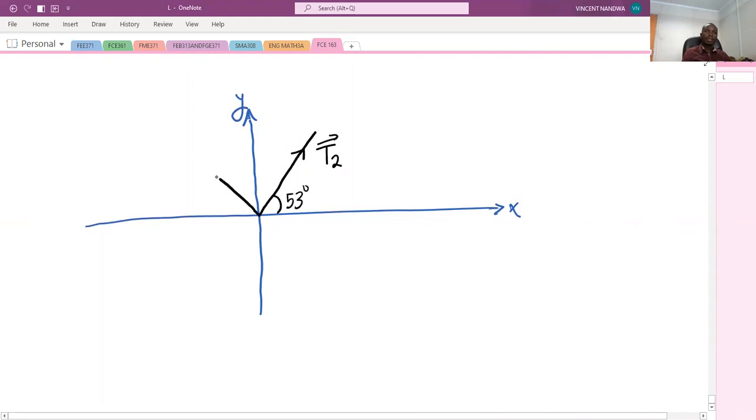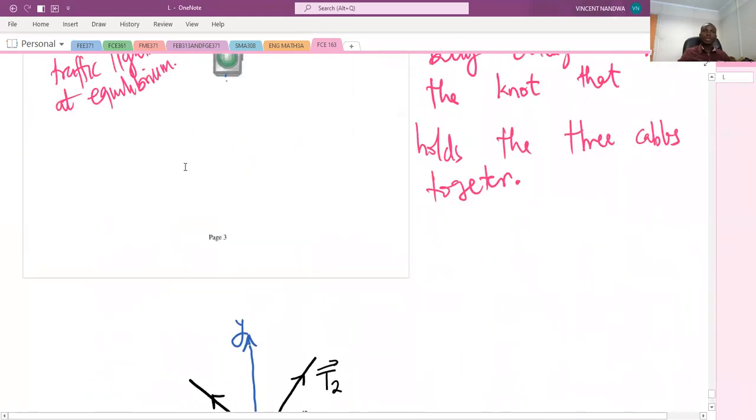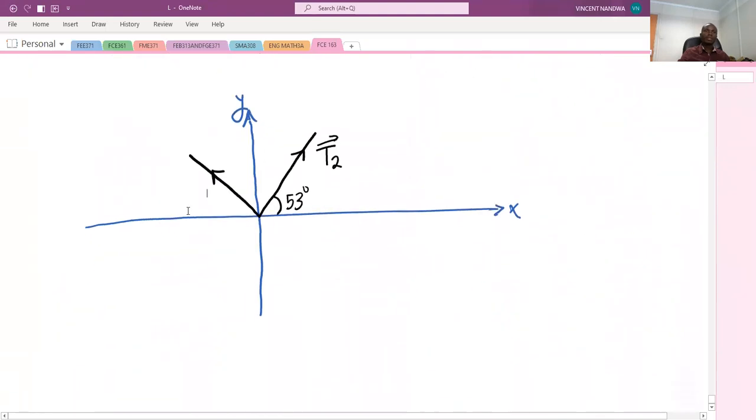And then there's this cable; because it was called T1, let's call that tensional force T1. And then there's this cable labeled T3, so let's call that tensional force T3.